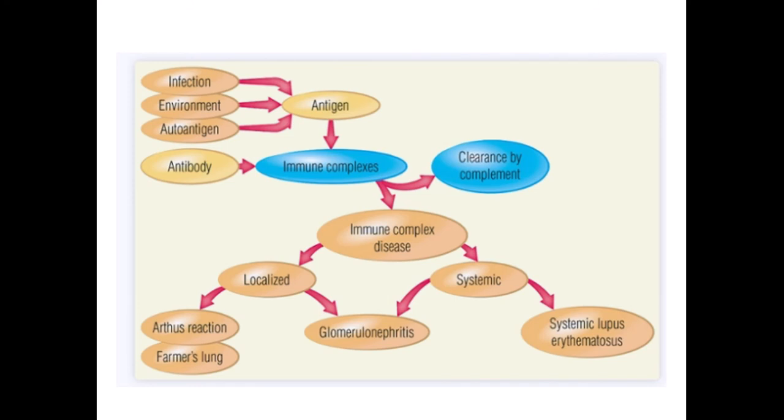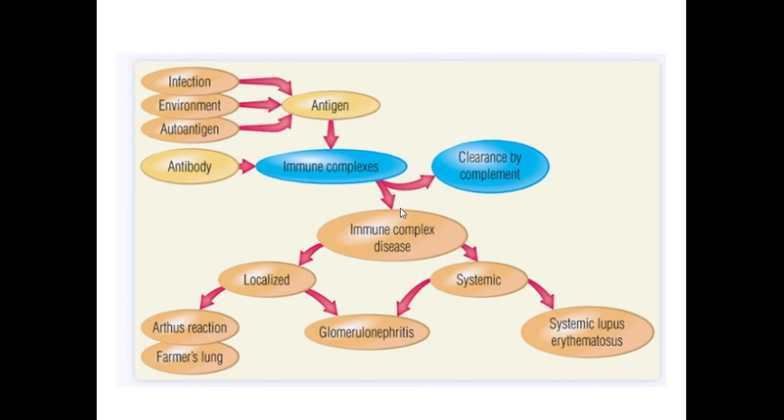They form immune complexes. So the antigen could come then from an infection, or from the environment, or from auto antigens of the body and autoimmune disease.